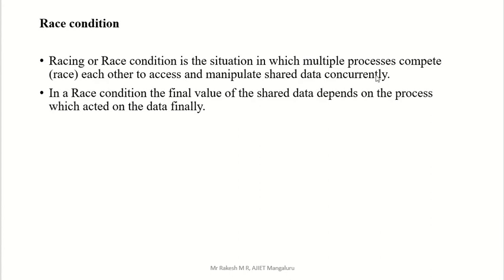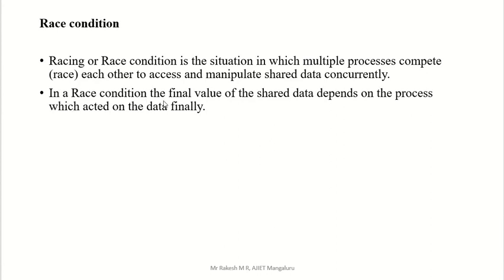There is one shared resource. If there are many processes, we call them multiple processes, all competing with each other to access that particular resource or data. That condition is called racing or a race condition.